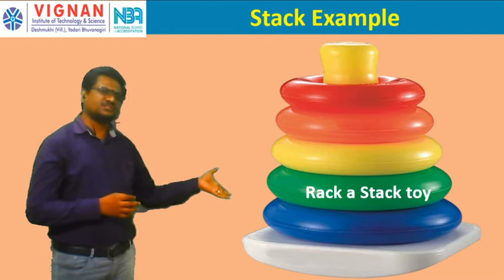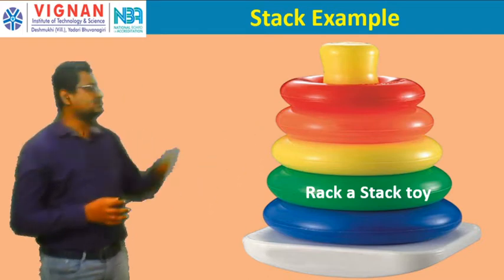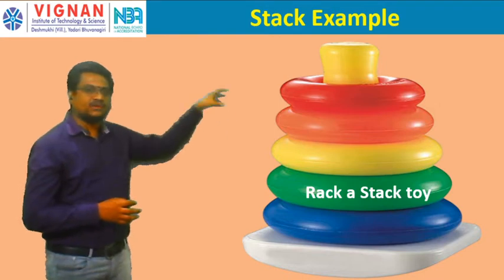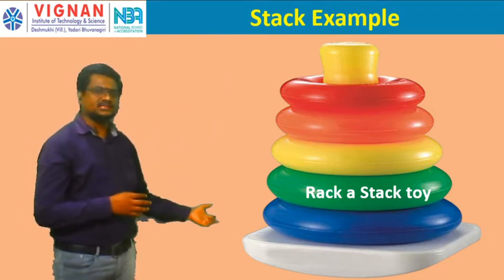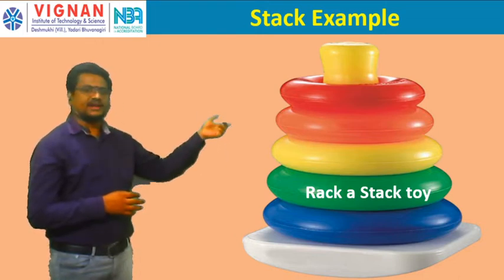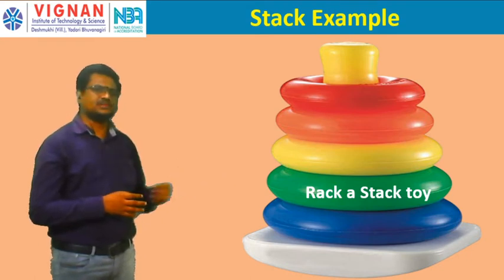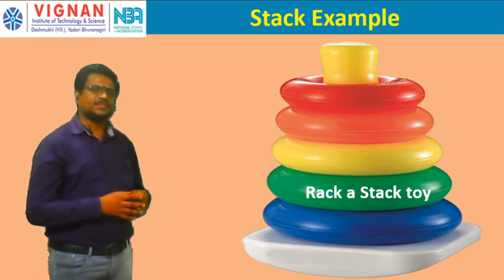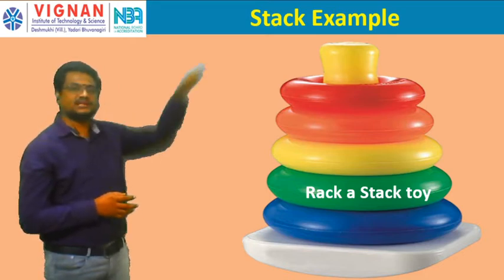Now most of the people know about this toy. I have to place these rings one after another. If you see, first I inserted the blue, next green, yellow, and red. I arranged the elements, you can say these are elements or rings, like this. If I want to insert another ring, I have to insert at the top only.